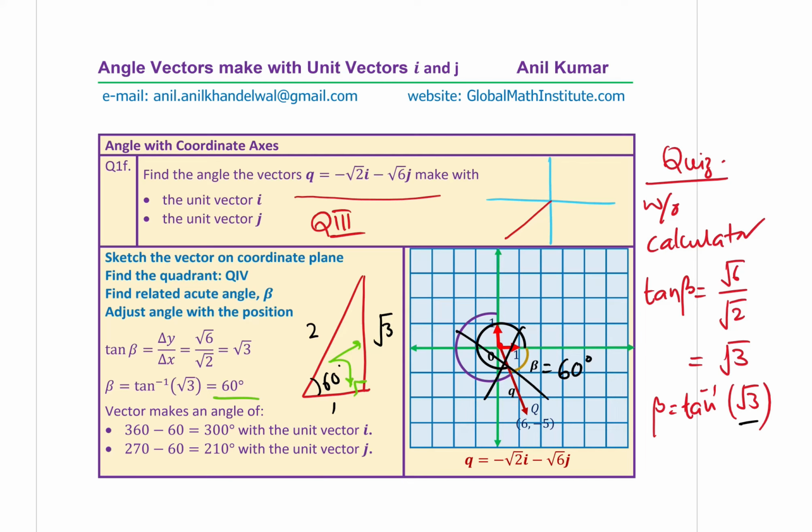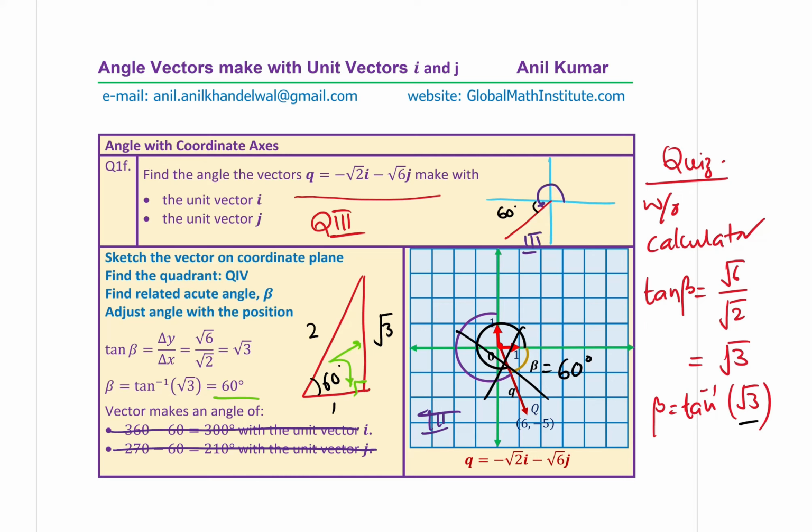So we are in quadrant 3 now. In quadrant 3, the angle which we found as a related acute angle was 60 degrees. So this angle is 60 degrees for us. Now, what is the angle which it makes with i? Obviously, it is 180 plus 60 degrees, since we are in quadrant 3.